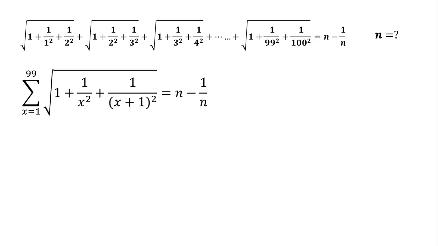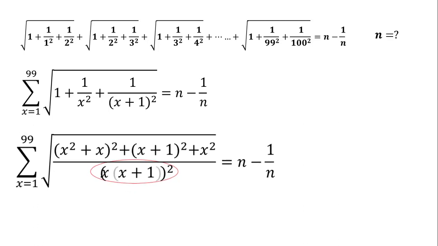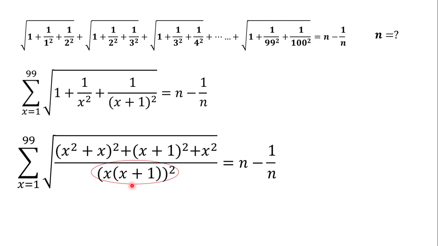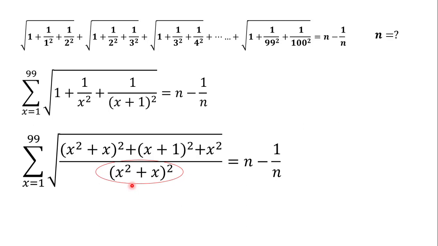X squared times 1 times x plus 1 squared is the common denominator. This can be written as x times x plus 1 squared, or x squared plus x to the power 2.